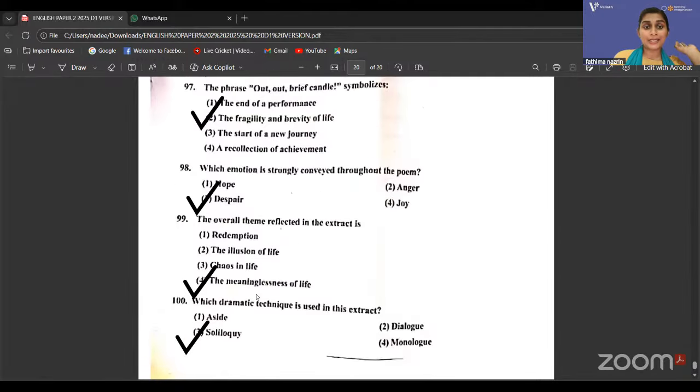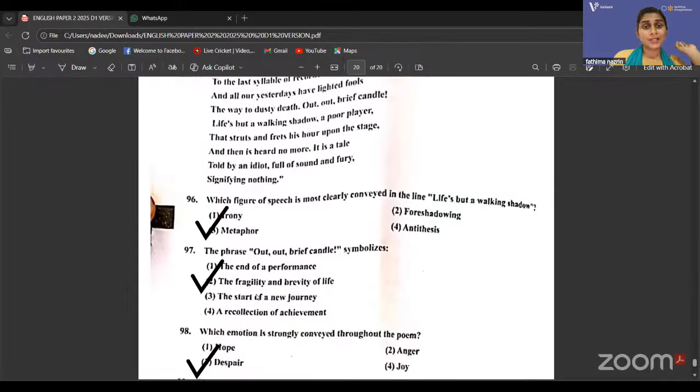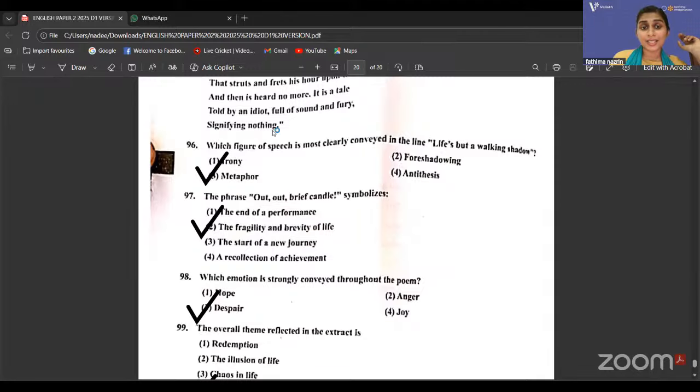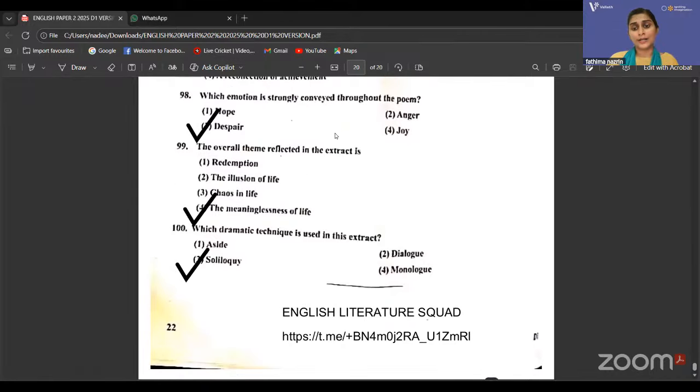That is why he says, life is but a walking shadow, a poor player, that struts and frets his hour upon the stage, and then is heard no more. It is a tale told by an idiot, full of sound and fury, signifying nothing. You could have guessed from the last phrase that came in the excerpt.